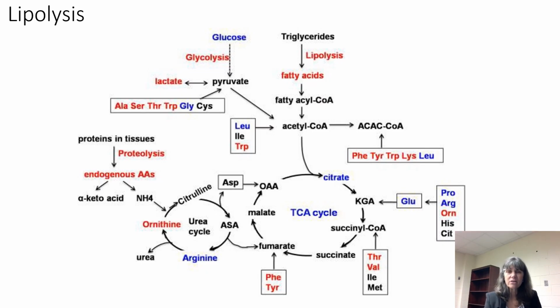If we break down the triglycerides here on the right side, we break them down into fatty acids. That becomes something that can be converted into acetyl coenzyme A. And then we also get some amino acids with that, like phenylalanine, tryptophan, tyrosine, lysine, leucine. And again, it's the acetyl coenzyme A that can go through that citric acid or Krebs cycle.